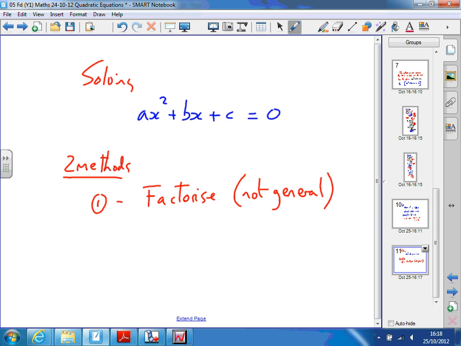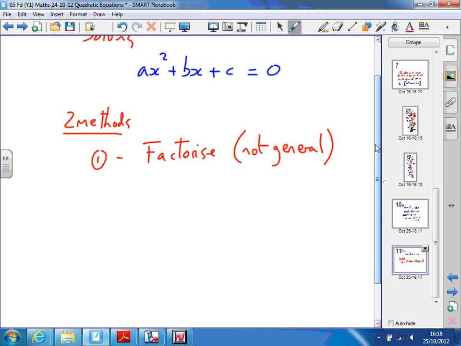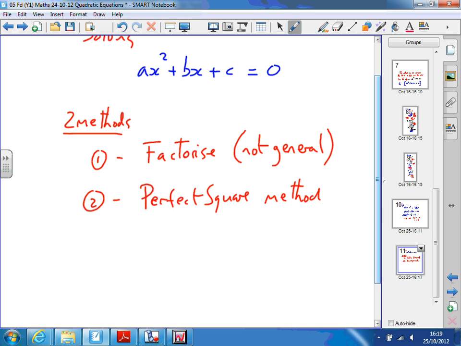But we need to look at it because it comes into some integration methods that we'll be looking at later. So factorizing. Two, the perfect square method, which gives the quadratic formula.